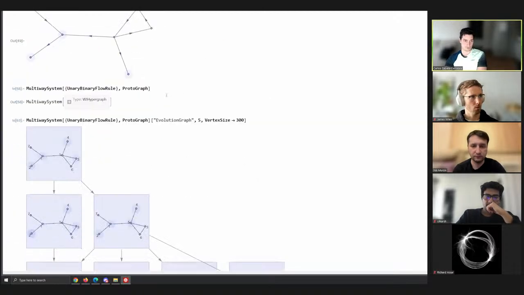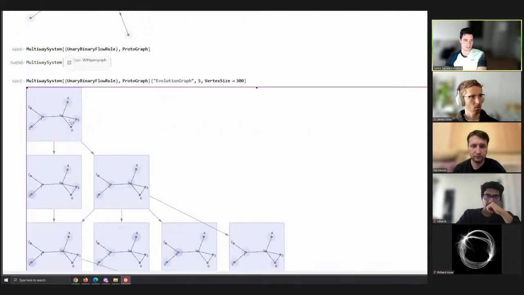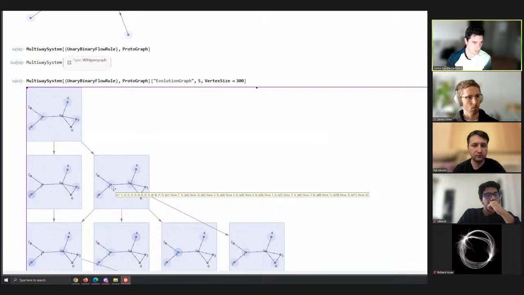This single rewrite rule gives this multi-way system where things begin like that, and then you apply somewhere. I guess we're applying it in 1, right? 1 is flowing onto 2. You see it's more shaded. There's weight 2 over there. Here it applies, I guess, on 3.